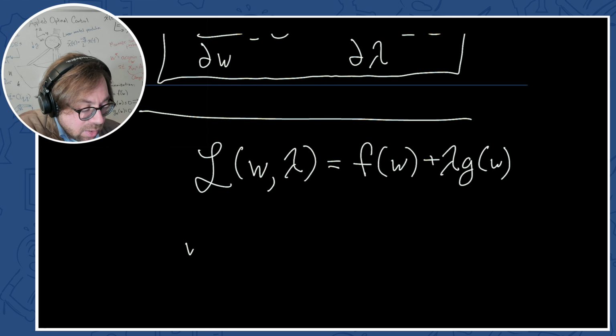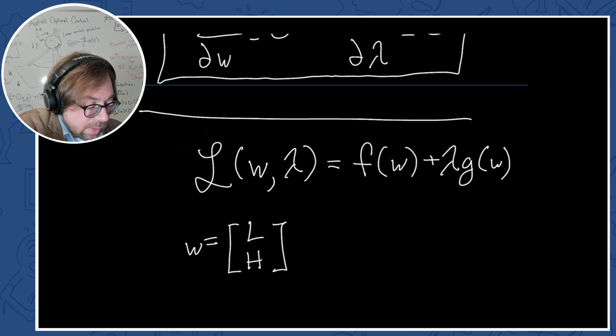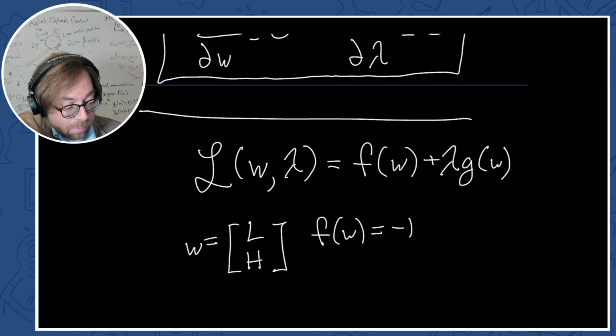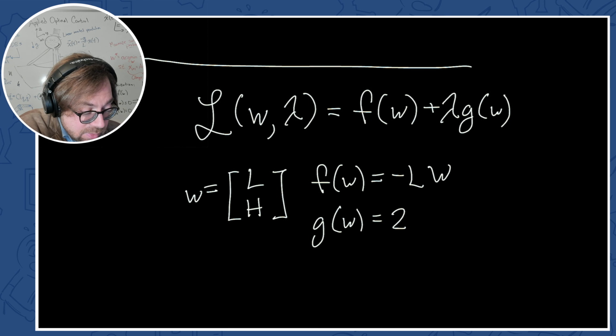Let's remind ourselves that our w is going to have our length and our height. Our f of w is minus L times w. Our g of w is equal to 20, what do we say? 2L plus 2W.